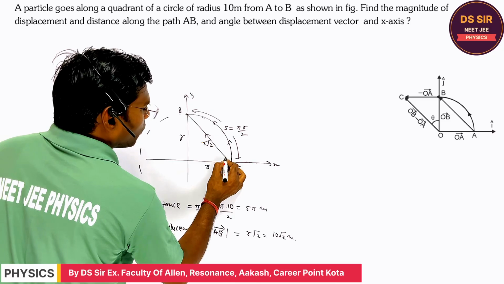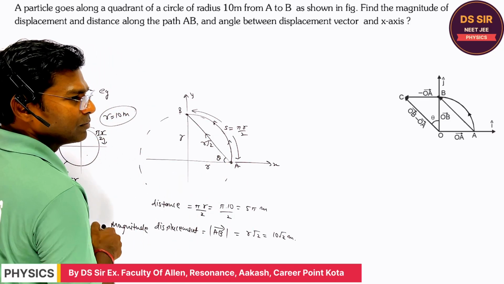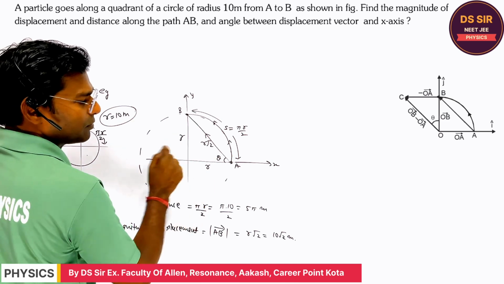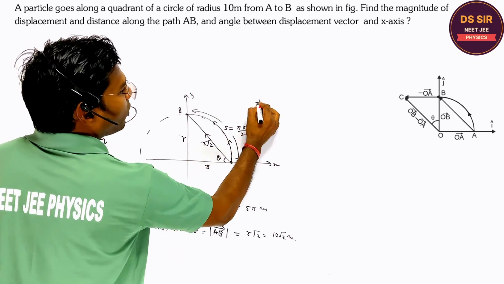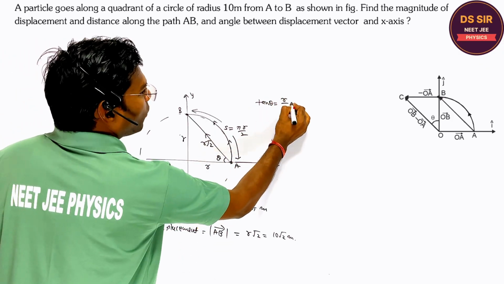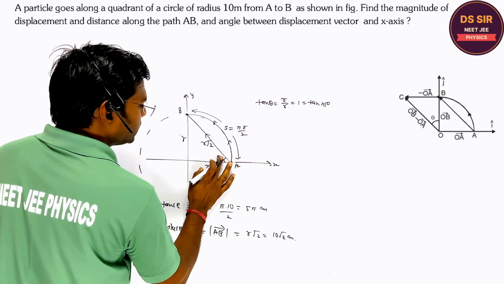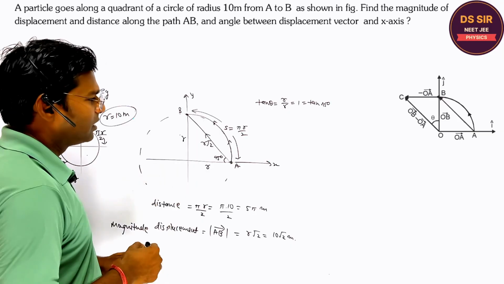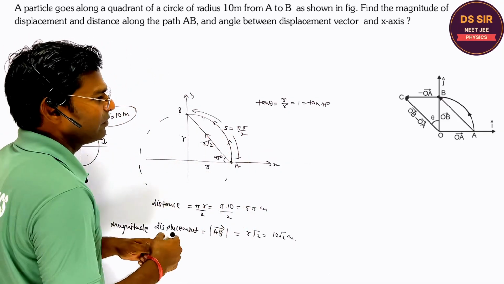One more thing. Can you tell me what is this angle? In this triangle, what is this angle? Theta. Say tan theta is what? Say tan 45 is 1, equal to 10 by 10. So this angle is nothing but 45. Listen one thing, they are asking the angle between the x-axis and the displacement vector.